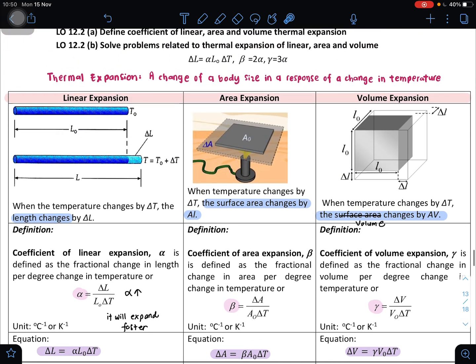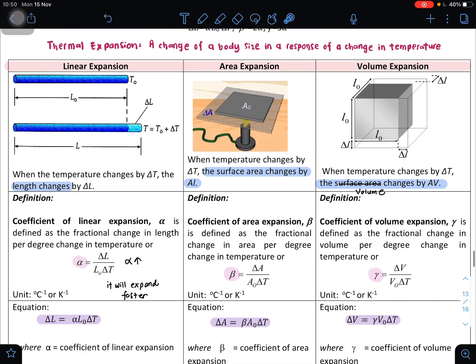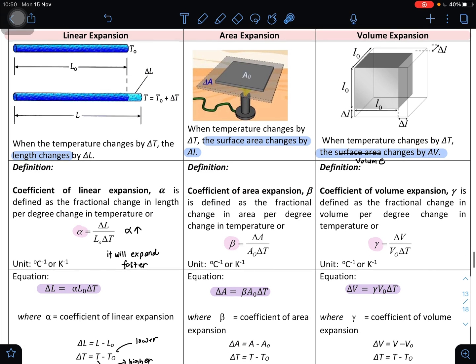Okay, next one is area expansion. So from the name we know, it is the expansion of the area of the solid. So here we use coefficient of area expansion, which is beta. So beta is equal to delta A divided by A0 delta T. So the pattern is the same as alpha, but now we change it in terms of area.